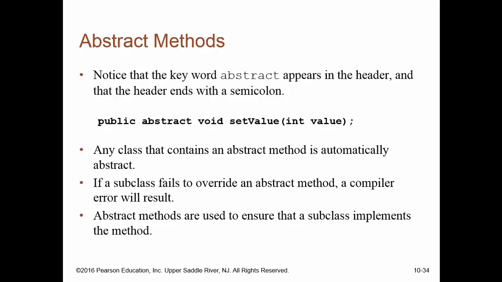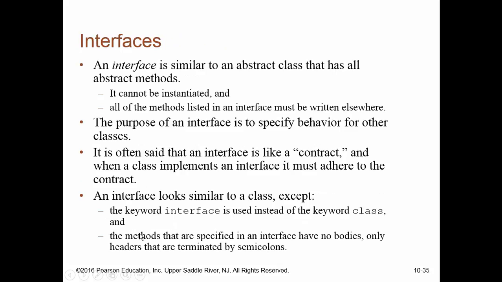But if you put an abstract method in an abstract class, and a child class fails to override that method, you'll get a compiler error. So you put something like this in an abstract class to make sure that the subclass implements the method, and it can implement it in whatever way it wants to. All right?